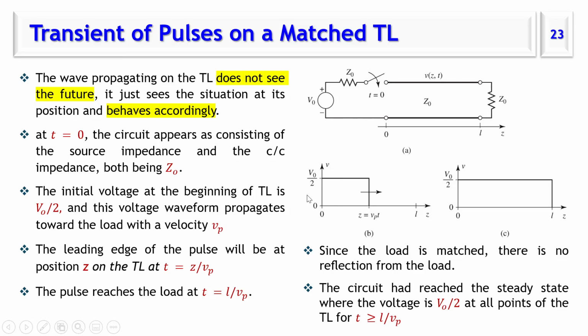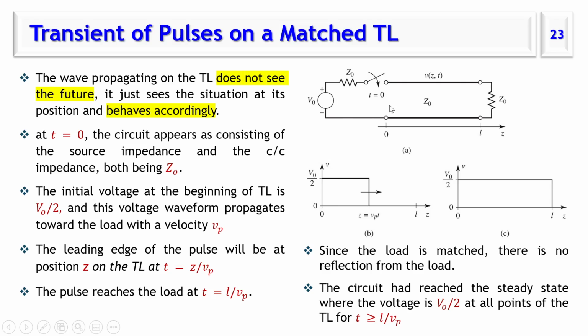Before time equals 0, the potential was 0. At time equals 0, when we switch it on, we start to see the potential here. The potential we're going to see is a potential division value, which is V naught divided by 2.